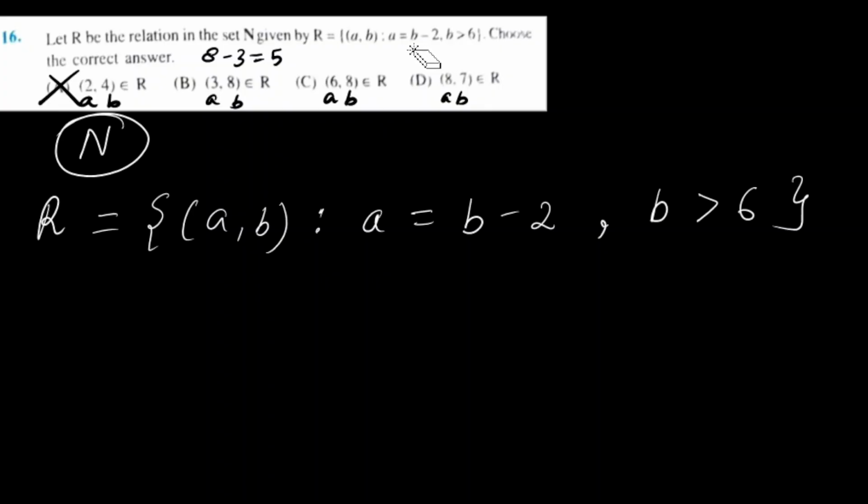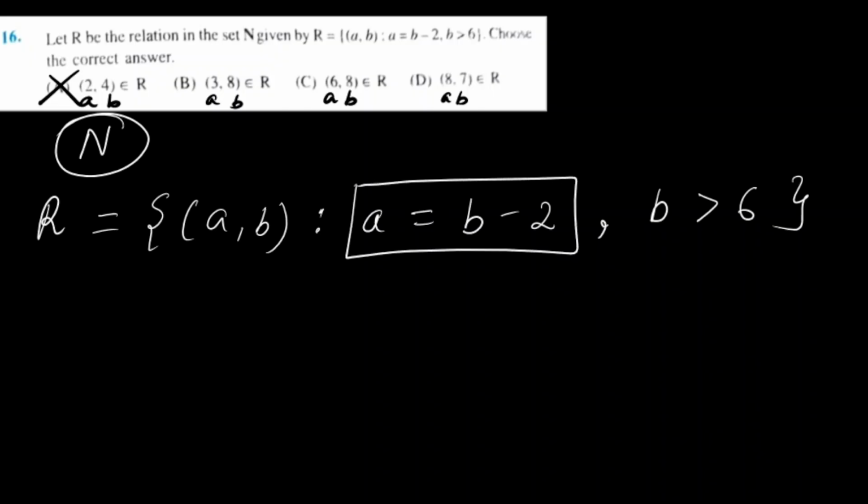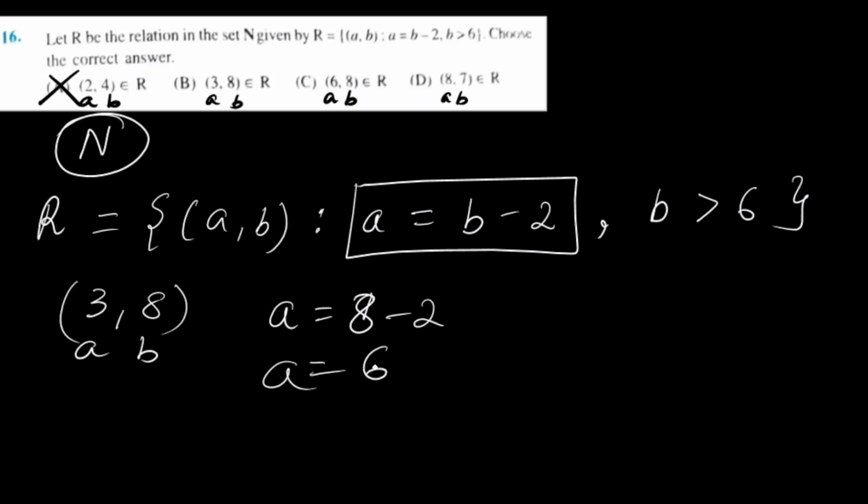But here a is given to us as b minus 2. This is (3, 8): a is 3, b is 8. If I find the value of a, it should be b minus 2. b is 8, and 8 minus 2 is equal to 6. So a should be 6, but here a's value is given as 3. So the second option is also incorrect.